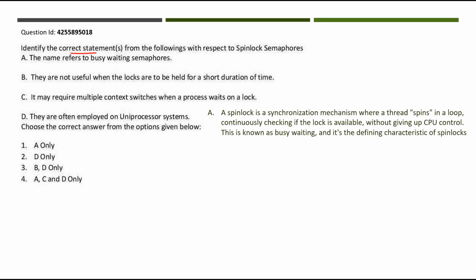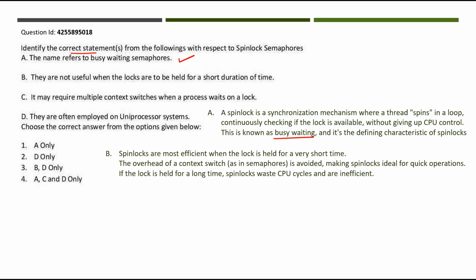Let's start with A. A spinlock is a synchronization mechanism where a thread spins in a loop, continuously checking if the lock is available without giving up CPU control. This is known as busy waiting, and it's the defining characteristic of spinlocks. The statement that the name refers to busy waiting semaphores is perfectly true. What about B?